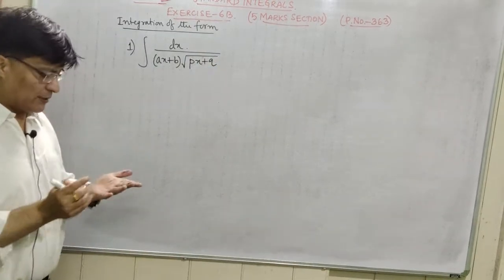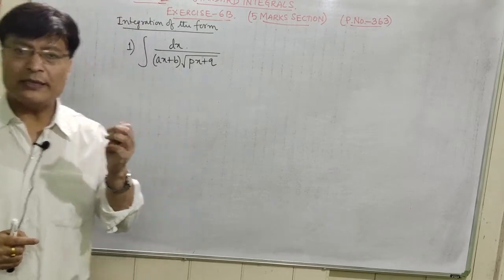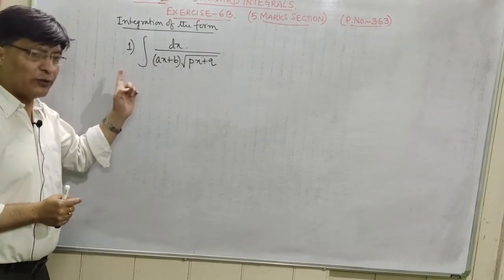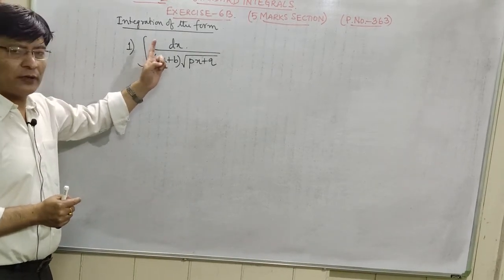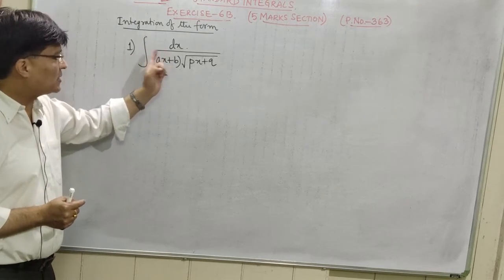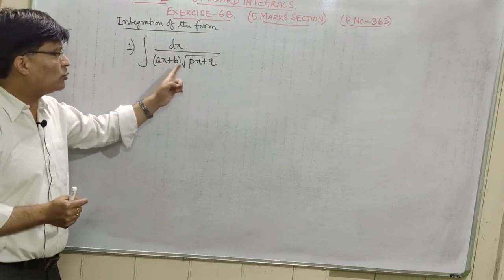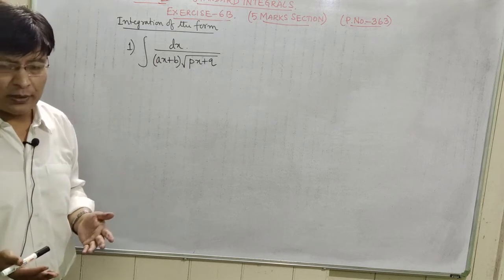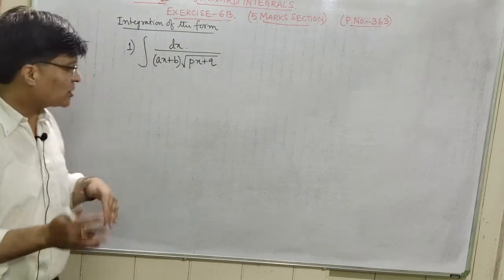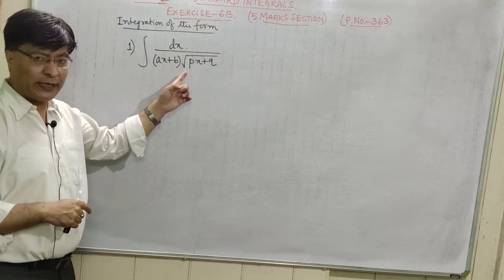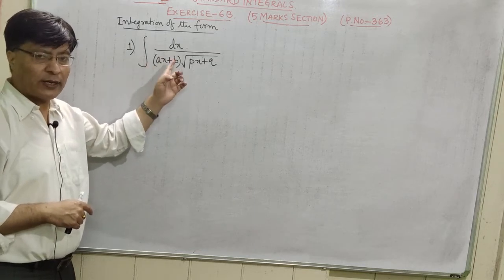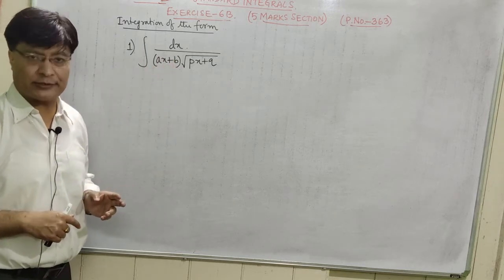Now in this case, you have to evaluate this integration of this type, that is dx divided by ax plus b into root over px plus q. Outside the square root there is ax plus b, and here the power of x is 1. This is a linear expression in x.